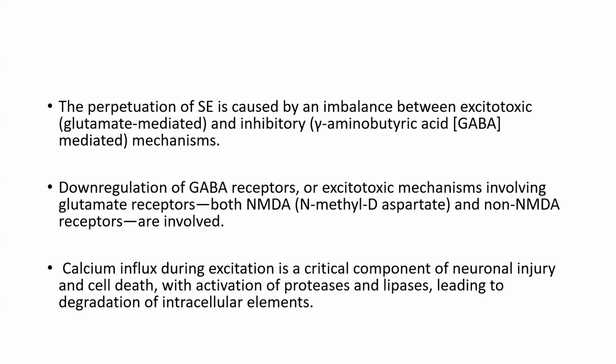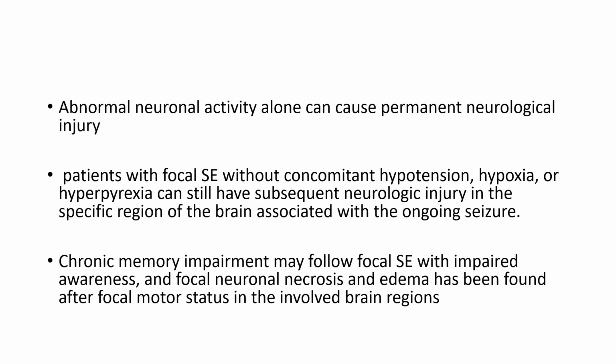The calcium influx which occurs during excitation is the critical component of neuronal injury and cell death, with activation of protease and lipase, leading to degradation of intracellular elements. This abnormal neuronal activity alone can cause permanent neurological injury. A patient with focal status epilepticus without concomitant hypotension, hypoxia, or hyperpyrexia can still have subsequent neurological injury in specific regions of the brain associated with the ongoing seizure.